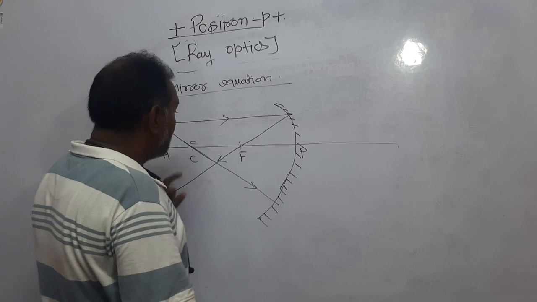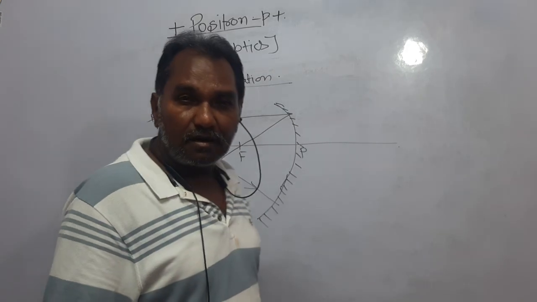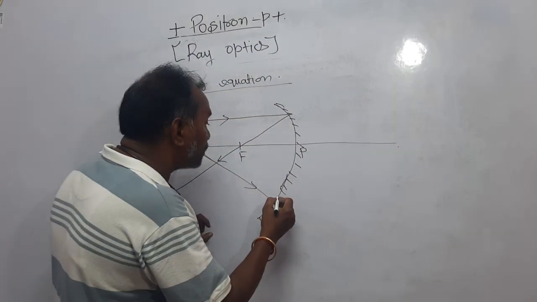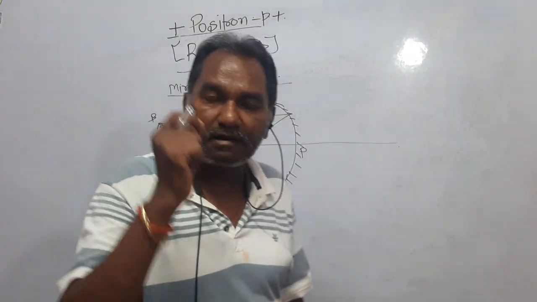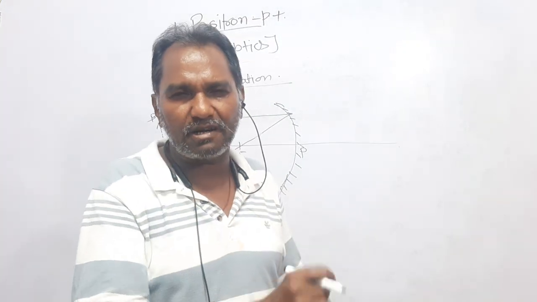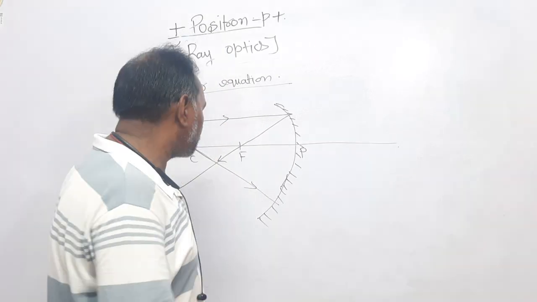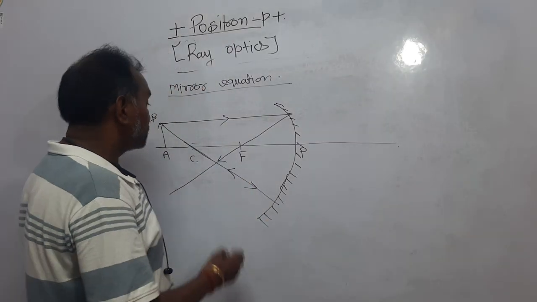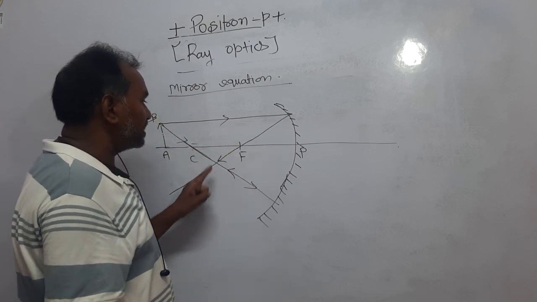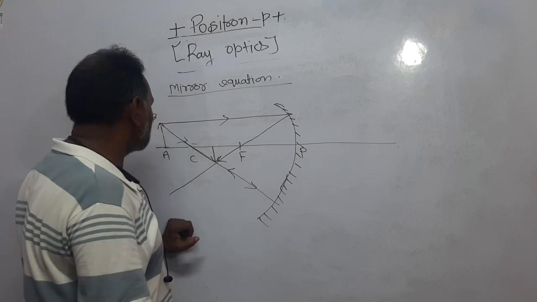Dear student, a ray passing from the center of curvature is incident normally on the mirror. That is why it will return back along the same path after reflection from the mirror. Now dear student, these two rays really intersect at this point, and so this is the point where the image is formed.